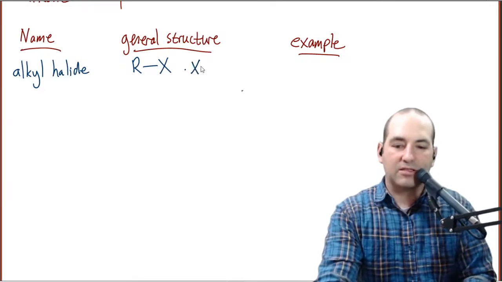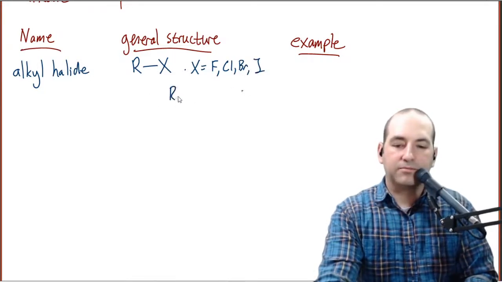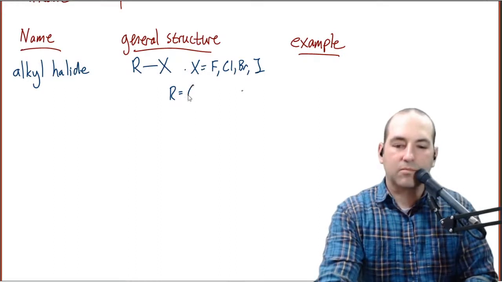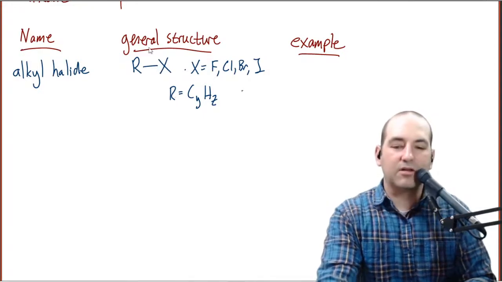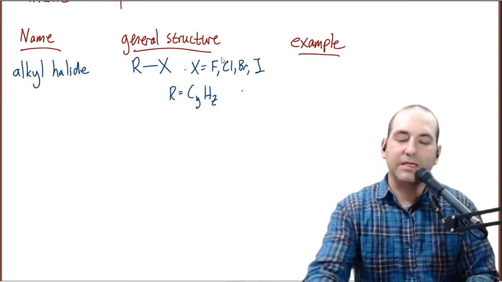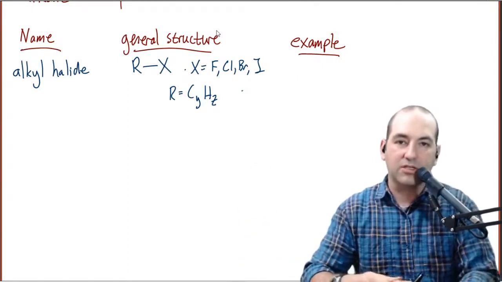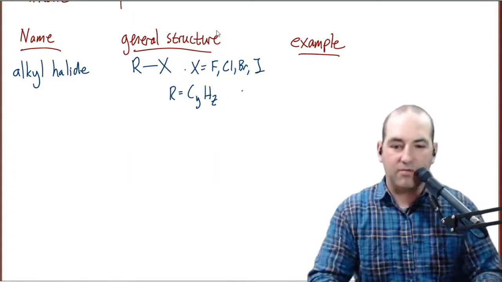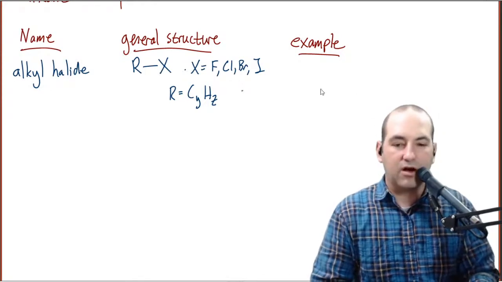In this case, X is one of the halogens, and R is something. R is a common wildcard for organic chemistry, and it just means some carbon-hydrogen stuff. It could be a big molecule, it could be a little molecule, just carbon something. That's R. So we're going to use R in this whole table. It just means general carbon stuff.